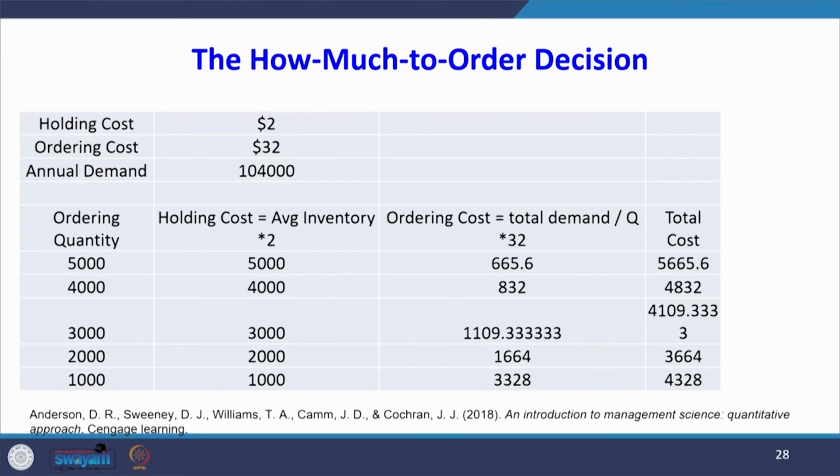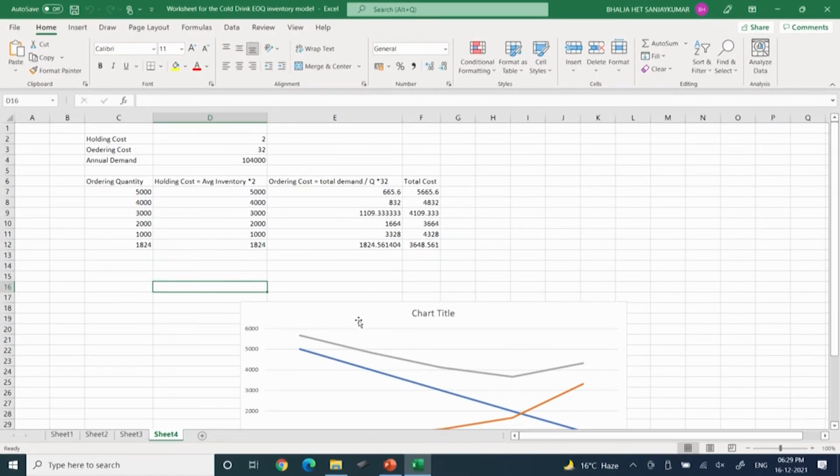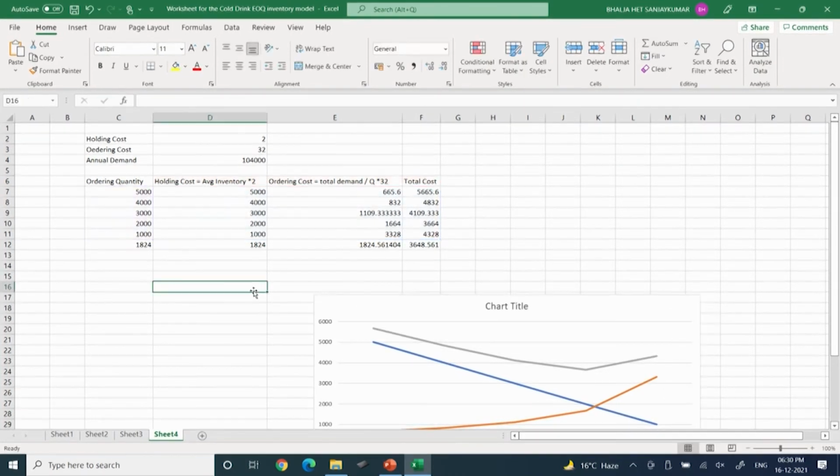Now, I am going to use Excel to find out how much to order. So, I have taken holding cost $2, ordering cost $32, annual demand is 1,04,000. So, now I will open Excel. Now, you see D2 is my holding cost, D3 is my ordering cost, D4 is annual demand.